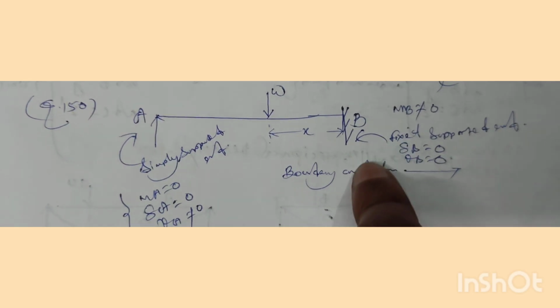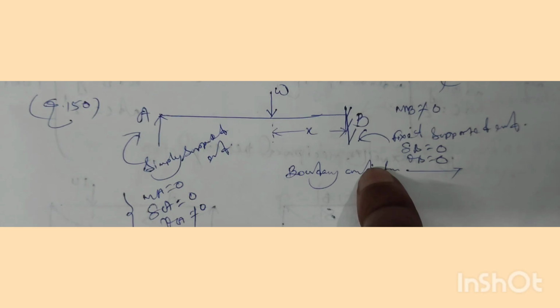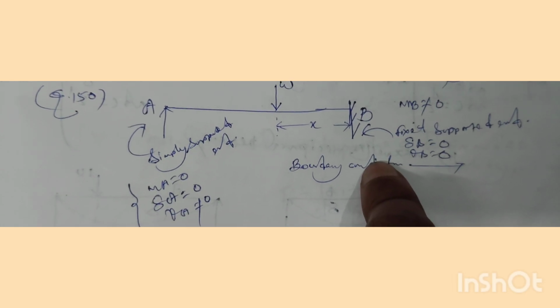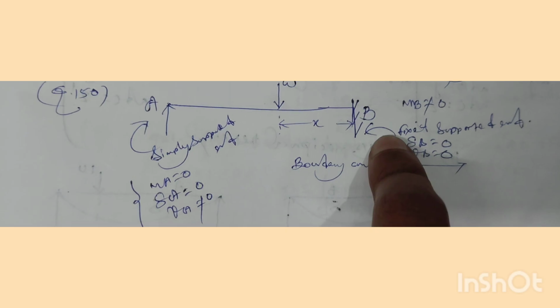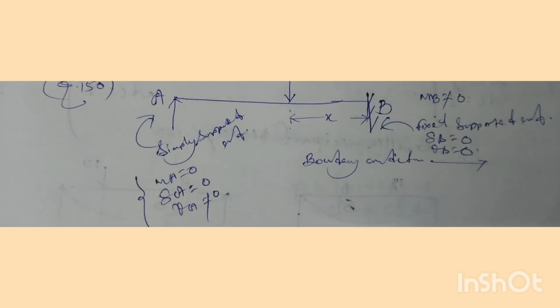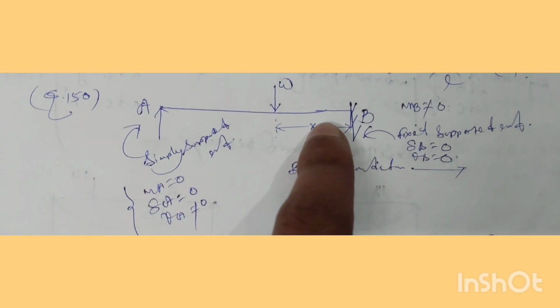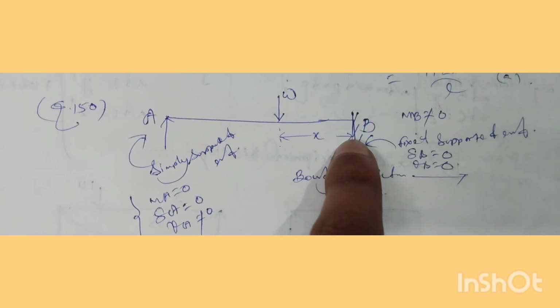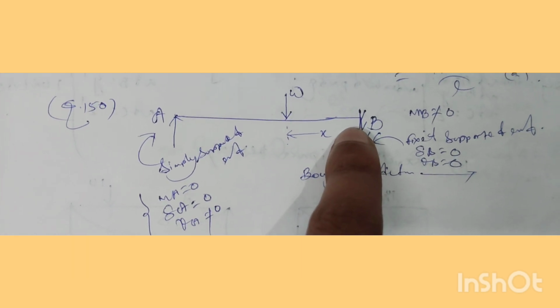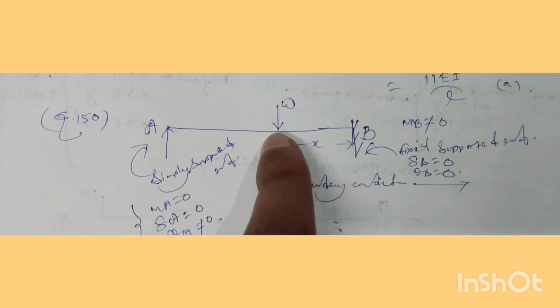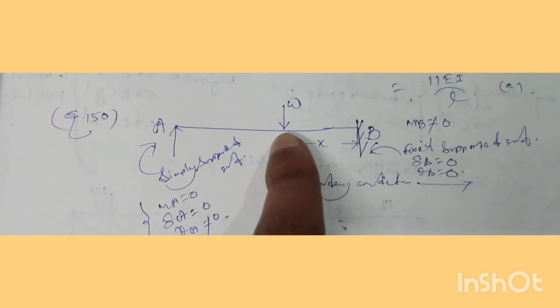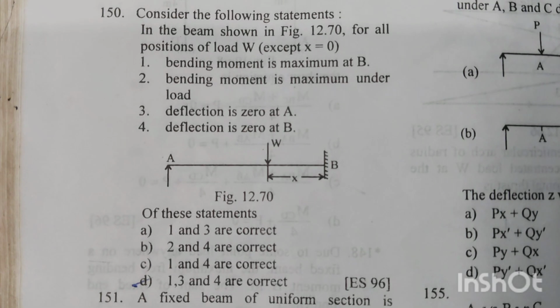But for the fixed supported end, deflection and rotation are 0, but there exists some moment in the support. The maximum bending moment will occur at the fixed end support B, and it is greater than the moment formed at the point where the concentrated load exists. Option D is the right answer.